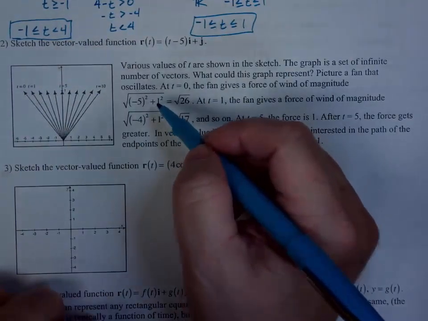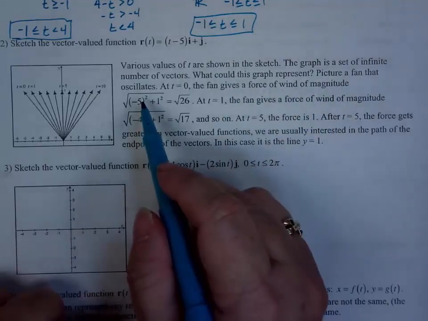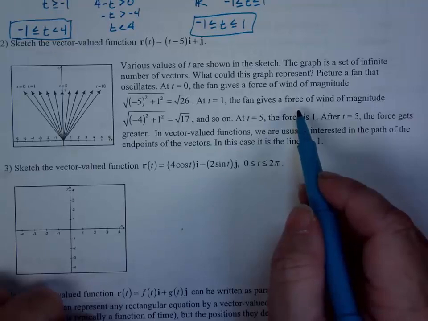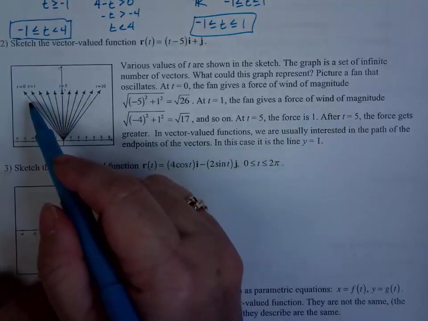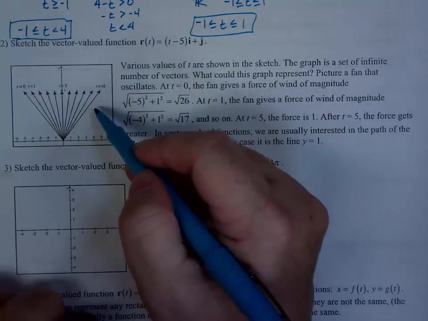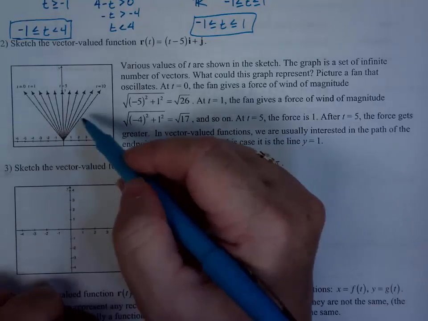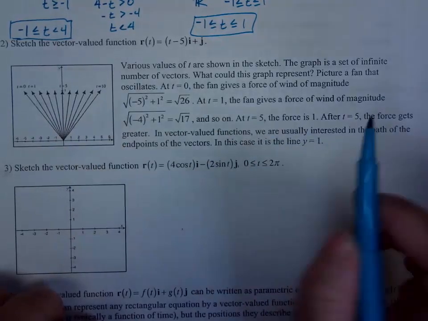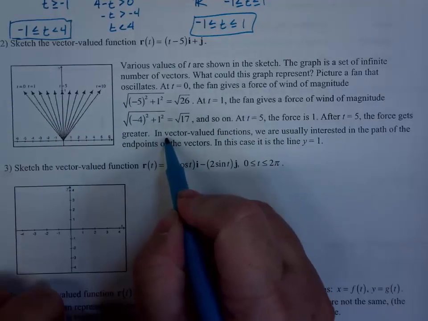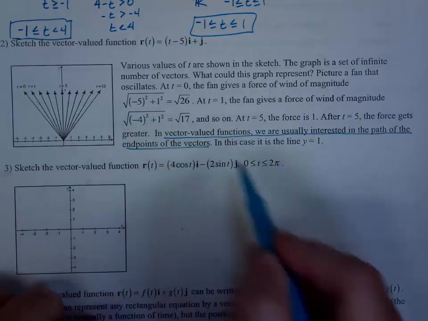Okay? So this could represent a fan that oscillates. And it's talking about its magnitude. It's different on every one of these. Are all these vectors the same length? No, the ones on the outside are longer than the ones on the inside. Okay? So this can be a representation of something like that. But when we come down here, it says in vector valued functions, we're usually interested in the path of the endpoints of the vectors.